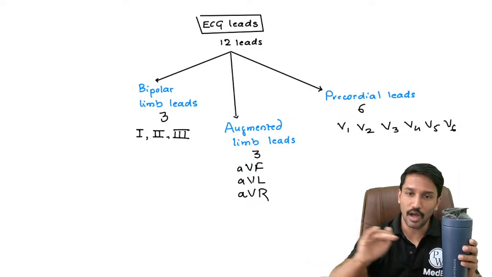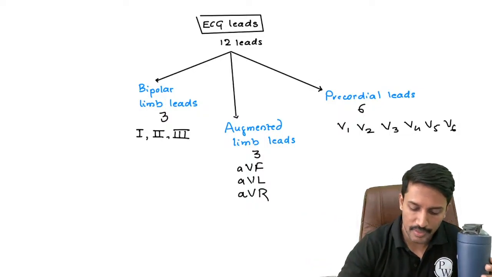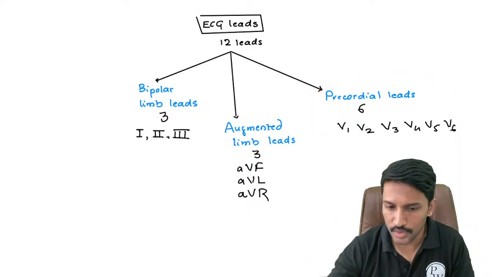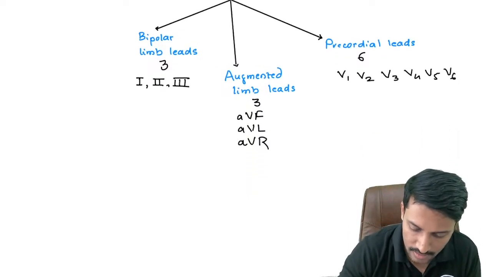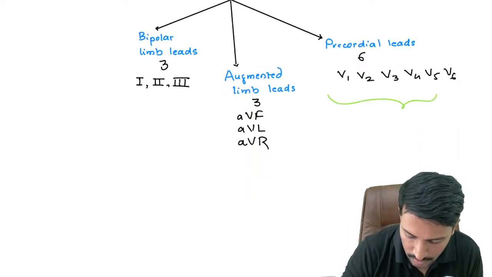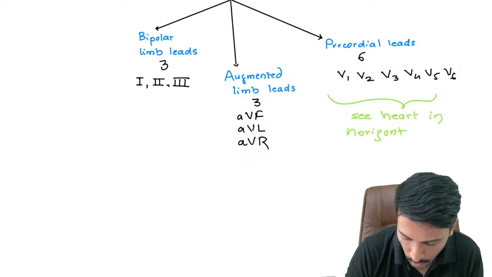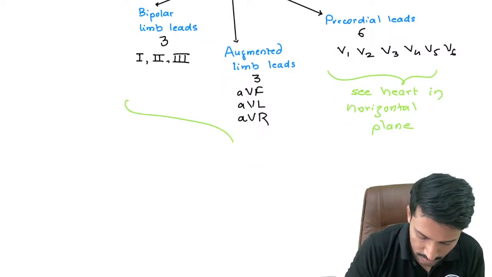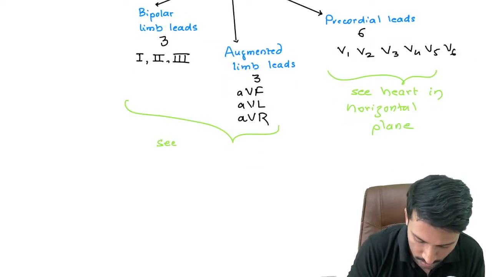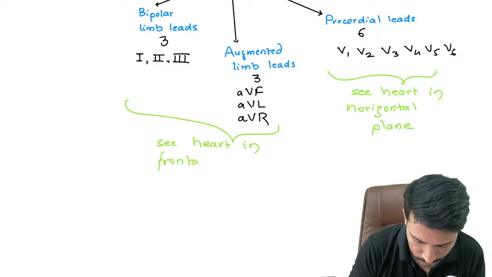So if I want to see the heart in the horizontal plane, the precordial leads help me. So precordial leads see the heart in the horizontal plane, and the limb leads see the heart in the frontal plane.